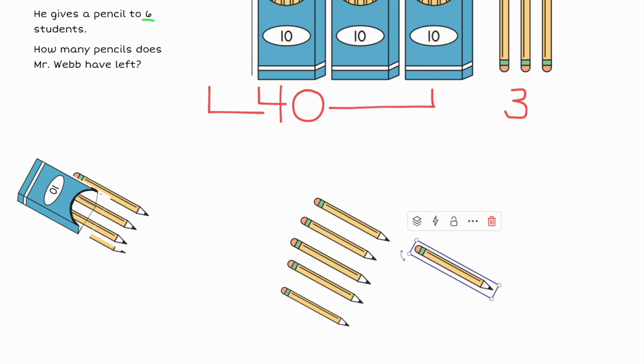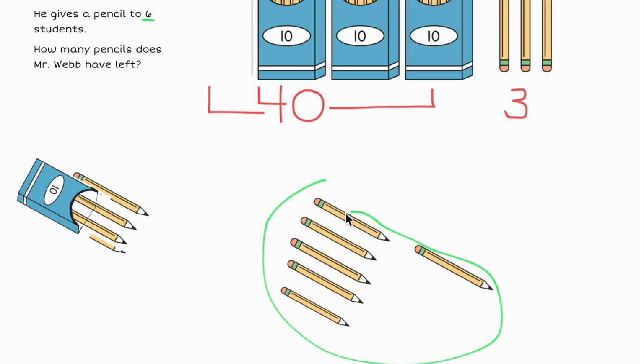All right. So these have been given away to his students. These are the 6 he gives away. Okay, so they're not with us anymore. They're not with Mr. Webb.